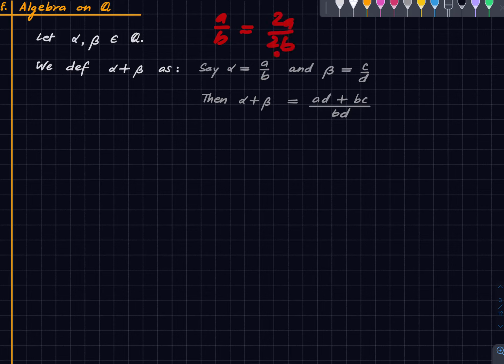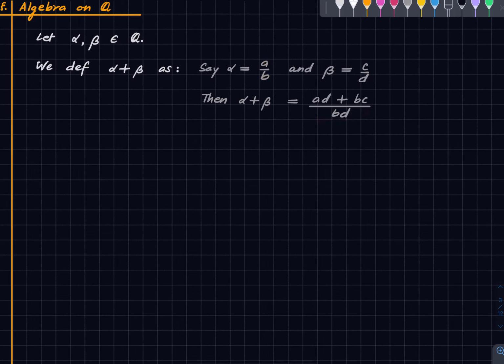So what if we use some other representation and use that to add alpha and beta? What I'm saying is, to define the addition of alpha and beta, we first took a representation of alpha and beta in some way, and then used that representation to define the addition. In different representations, these numbers would be different, and then it is unclear if you would get the same equivalence class.